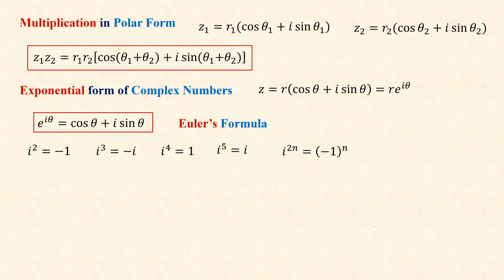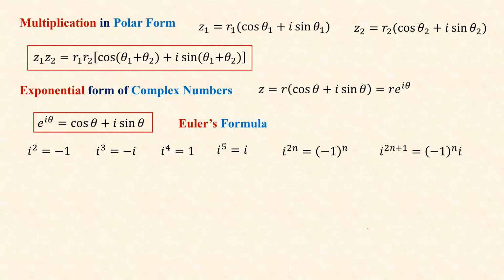I squared is -1, so i to the 2n becomes (-1) to the n. And i to the 2n plus 1 becomes (-1) to the n times i.